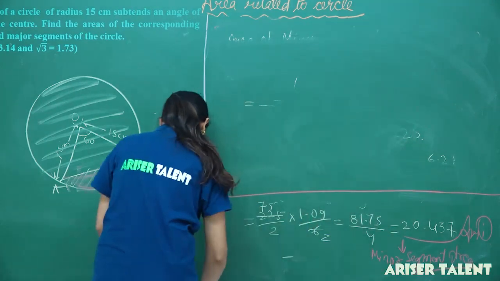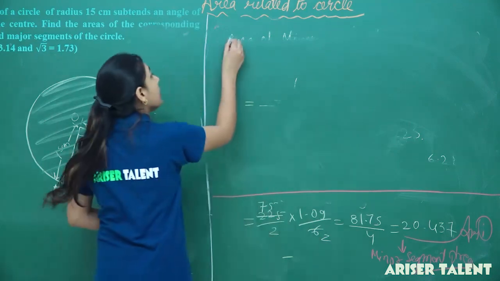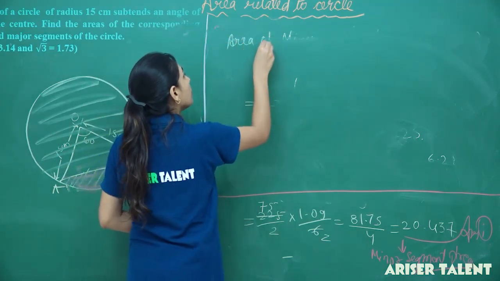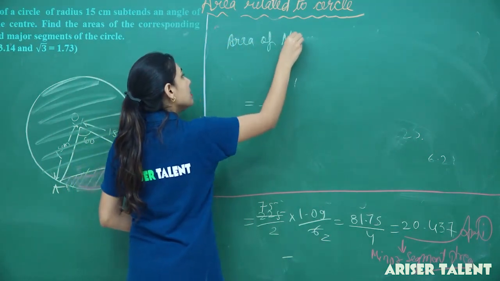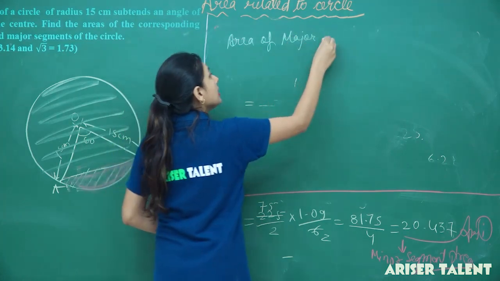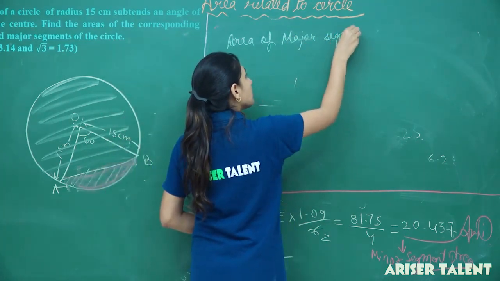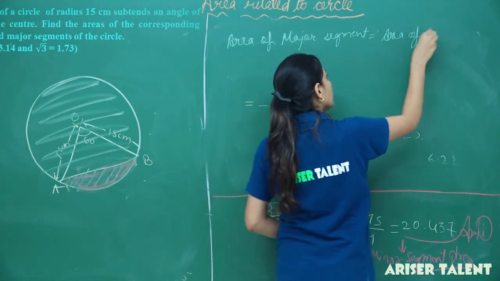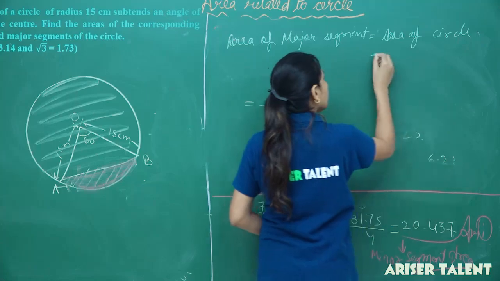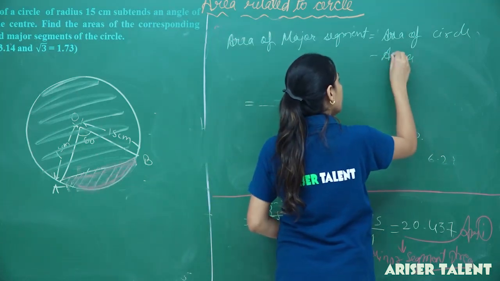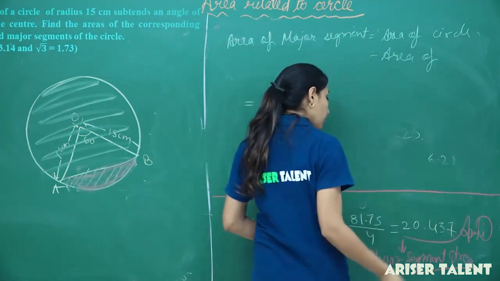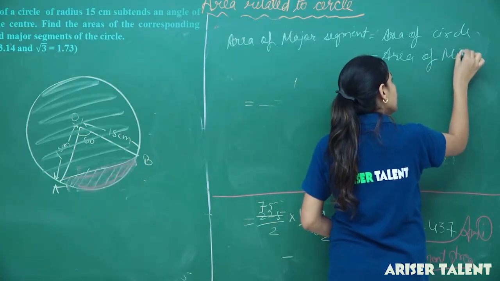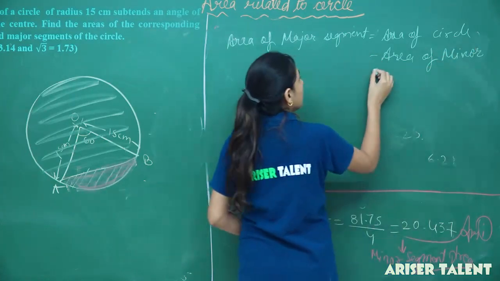Right. Now students, area of major segment equals to what? Area of circle minus area of minor segment.